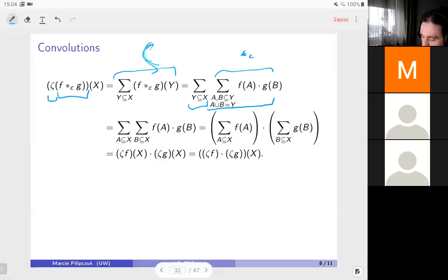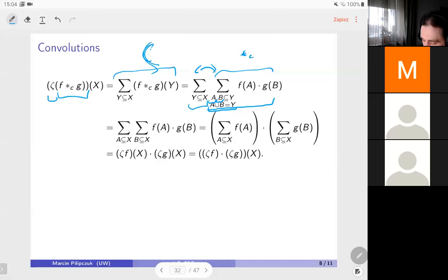And now the observation is that Y is really determined here. We want to swap the order of summation. There are really three sums here: A, B, and Y. But once you define A and once you define B, you know what Y is.